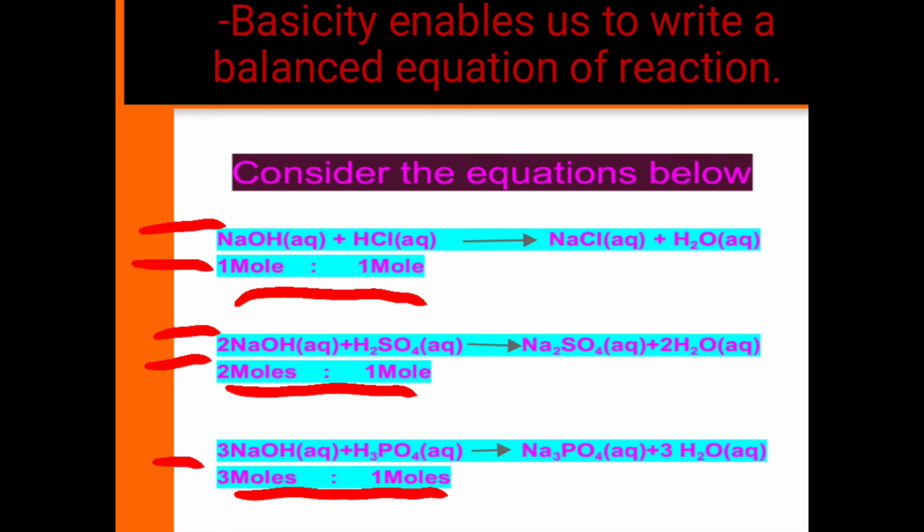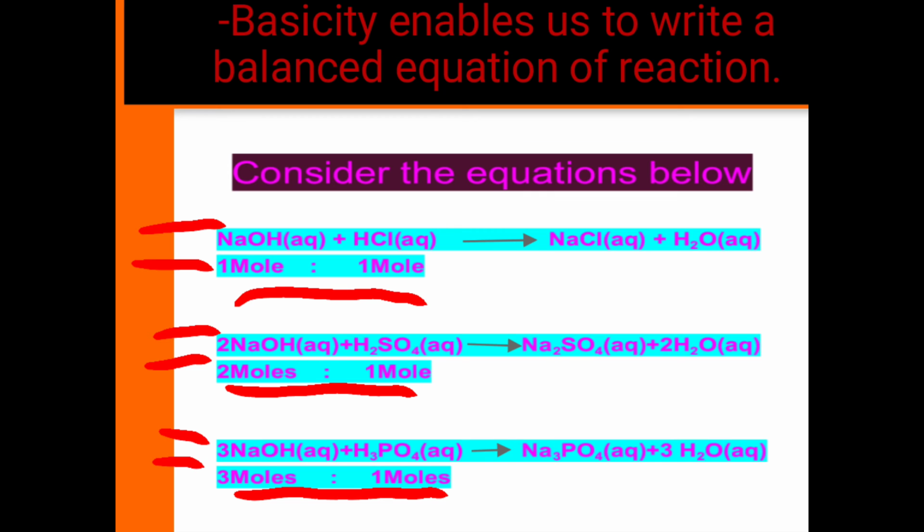The molar ratio is 2 to 1. Okay, let's move on to phosphoric acid. Here you're going to see that 3 moles of sodium hydroxide are reacting with 1 mole of phosphoric acid, and the basicity of phosphoric acid is 3. So those moles of sodium hydroxide, the first one which is 1 mole, the second which is 2 moles, and the third which is 3 moles, are just representing the basicity of the acid.